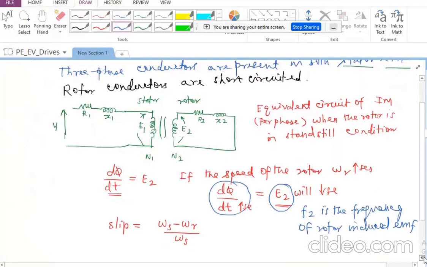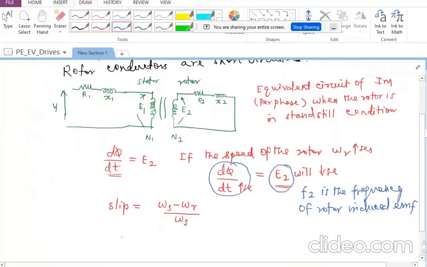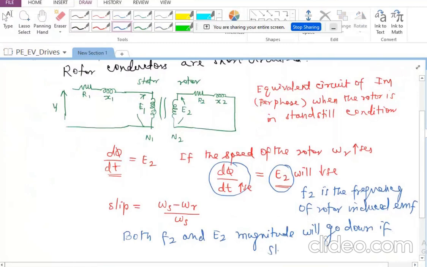So I should say both F2 and E2 magnitude will go down if slip decreases.